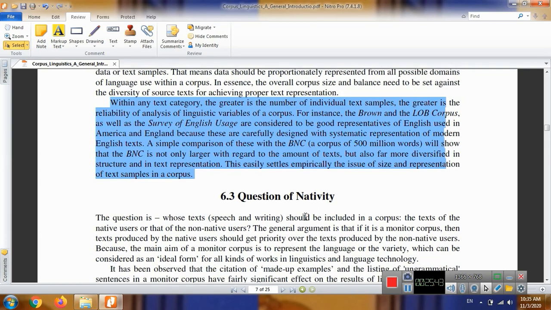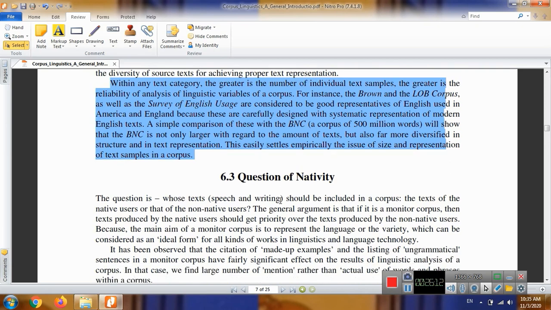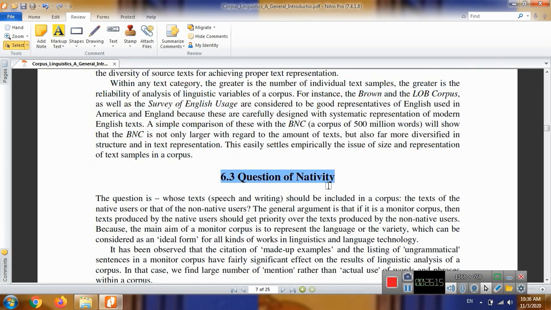A simple comparison of this with the BNC, a corpus of 500 million words, will show that the BNC is not only larger with regard to the amount of text, but also far more diversified in structure and in text representation. This easily settles empirically the issues of size and representation of text samples in a corpus.